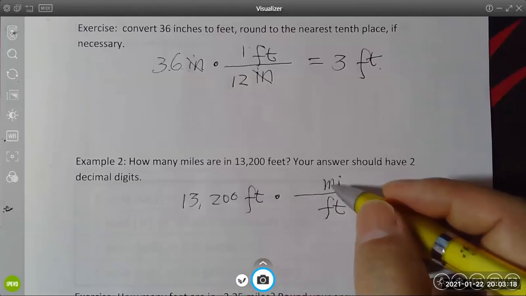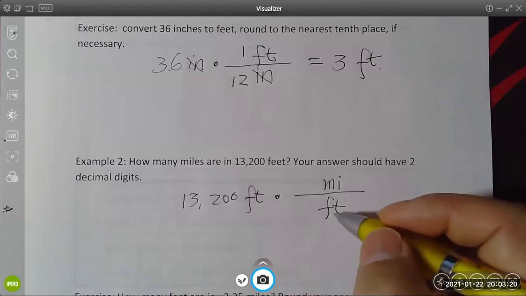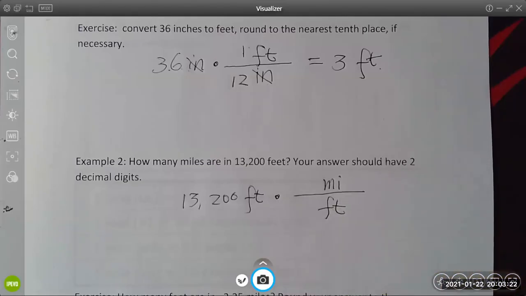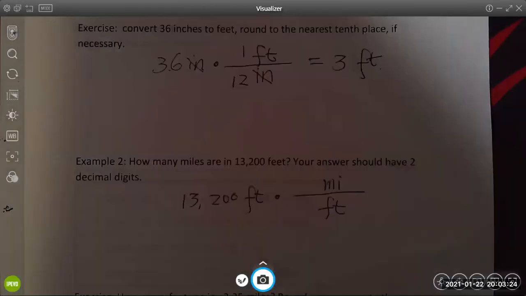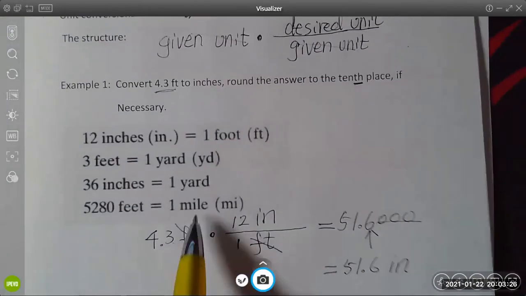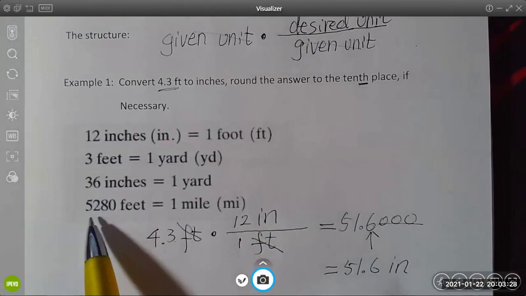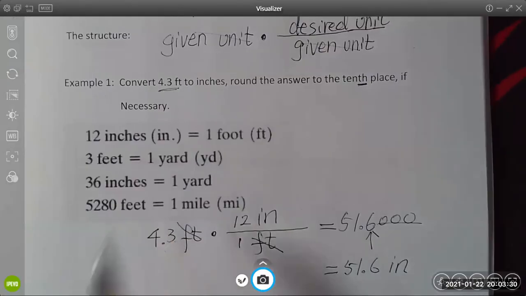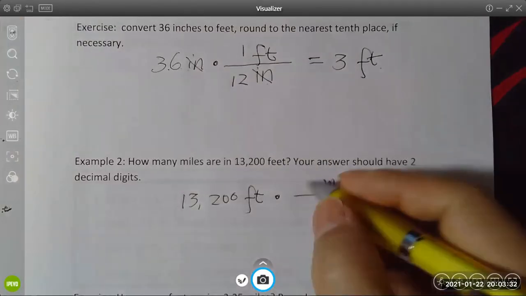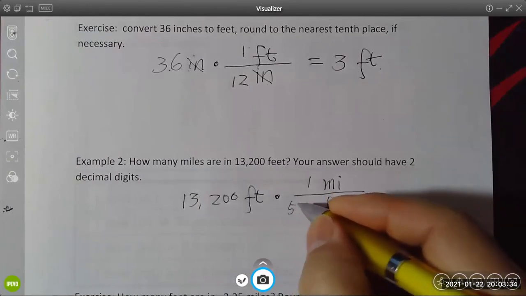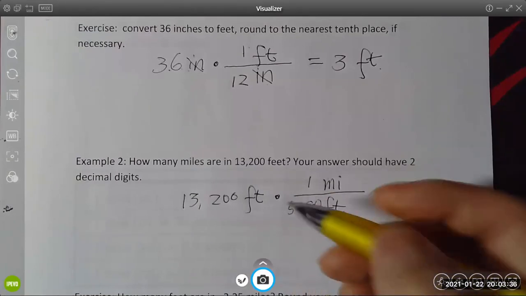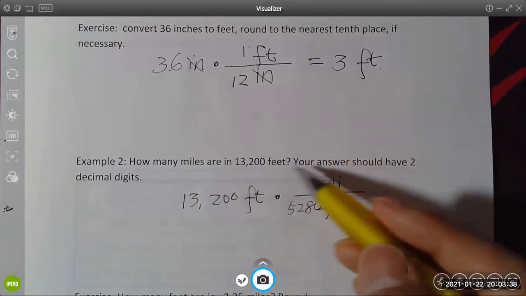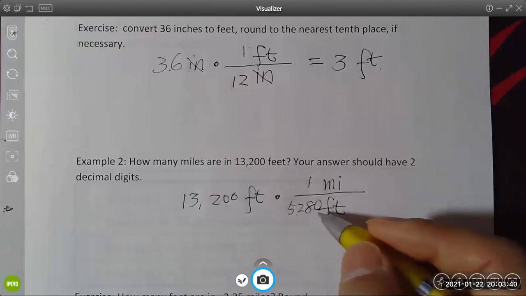Now we need to have the relation between these two, the conversion factor. And if we look at the previous page, 1 mile equals 5,280 feet. So 1 mile, 5,280. So just like the previous one, multiply the numbers on the top, divide by the number on the bottom.